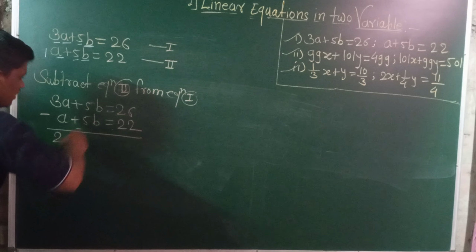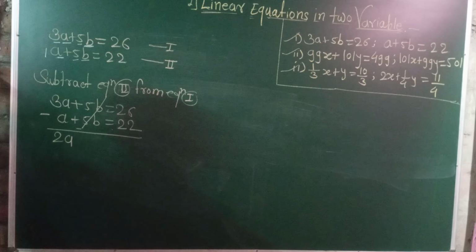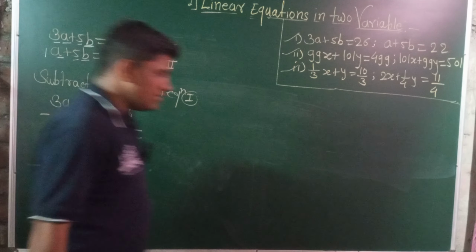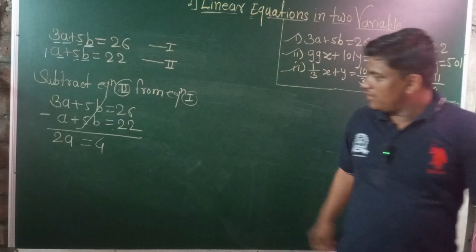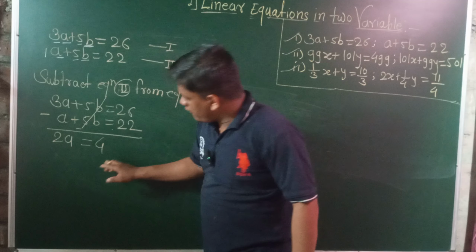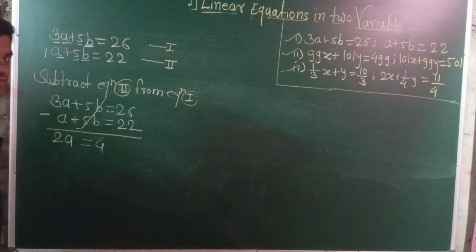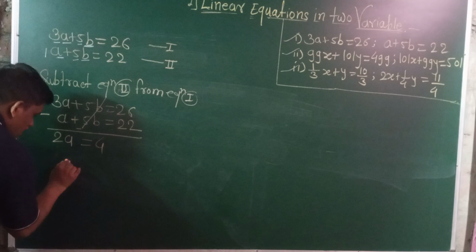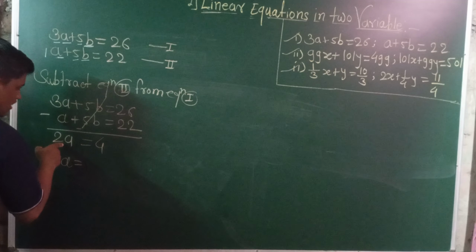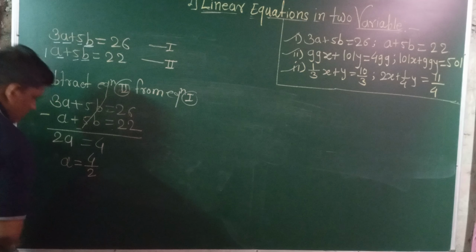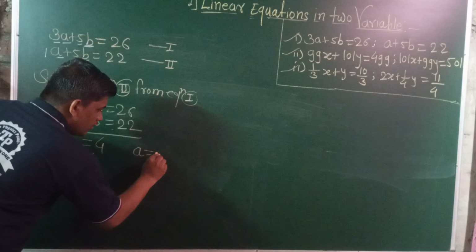Minus into plus, minus 5b plus 5b, 5b gets cancelled. 26 minus 22 is 4. Then 2a equal to 4. The 2 goes to the opposite side of the equality sign, and its operation changes: multiplication becomes division. Dividing 4 by 2, the value of a equals 2.